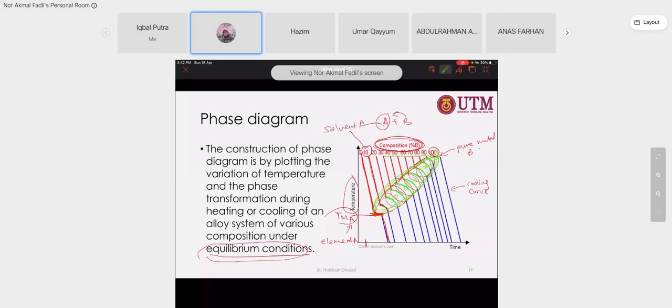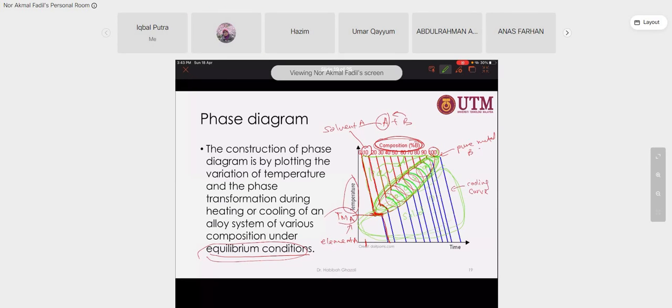So the red region is the liquid region. And what about the blue one? This blue area, what phase is it? Solid. What kind of solid?